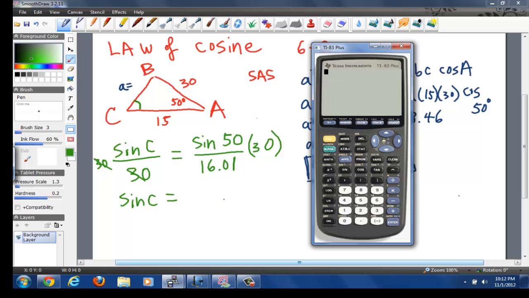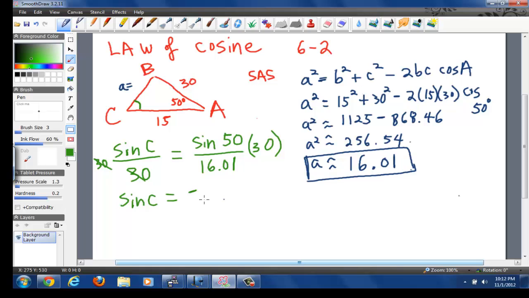Hold on a second, why is it negative? That's going to be negative 0.491.